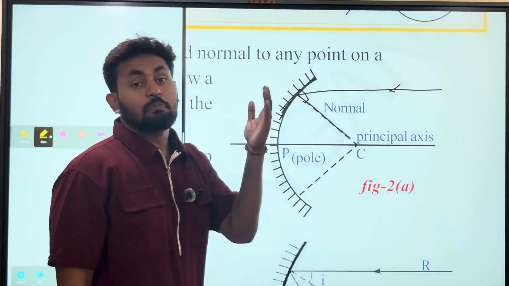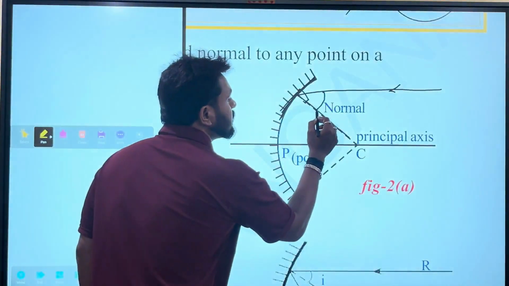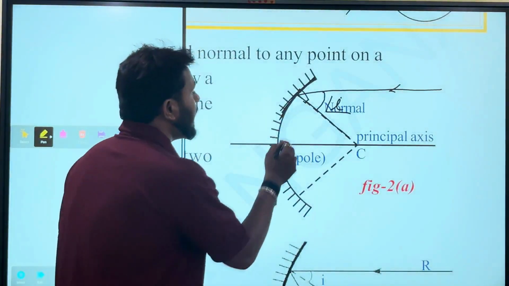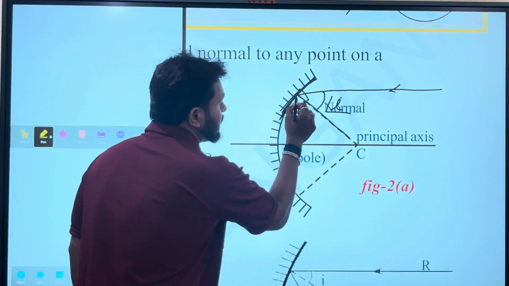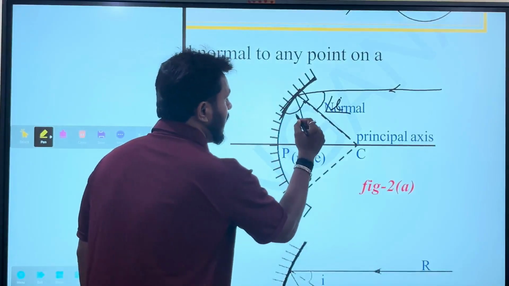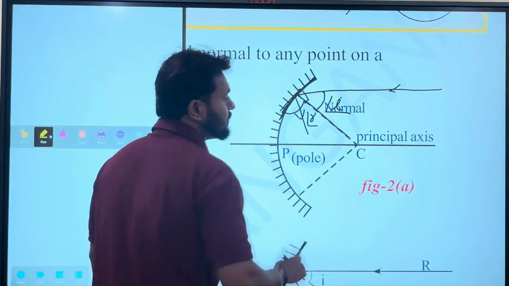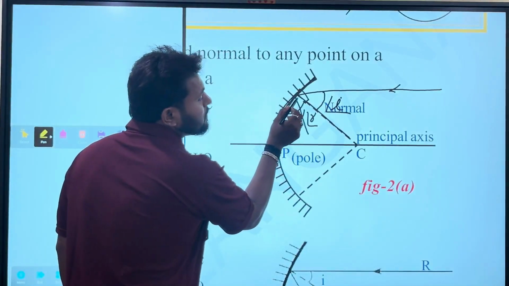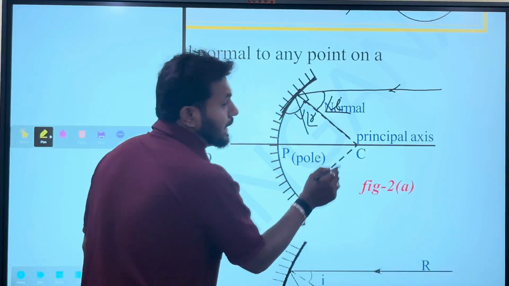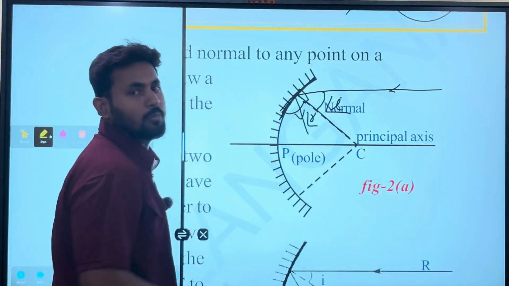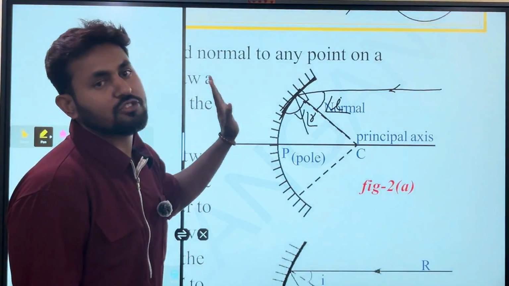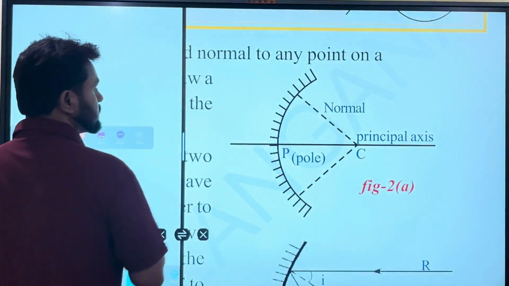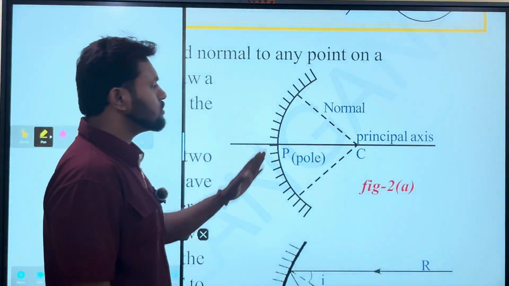As you have studied in plane mirror, it will make angle I, that is the angle of incidence, and then it will get reflected, and we will have angle R. Now the line which has been drawn from the middle, making 90 degrees to this base, is called the normal. As you have studied, and I have also explained in the starting, the laws of reflection. Now this is the normal.